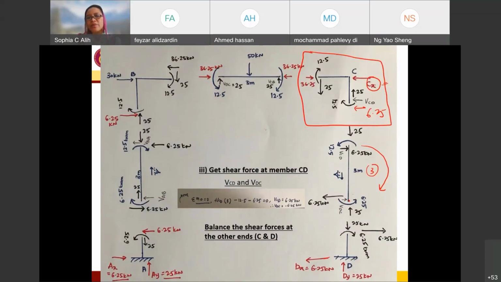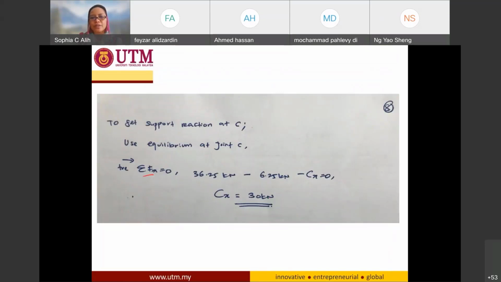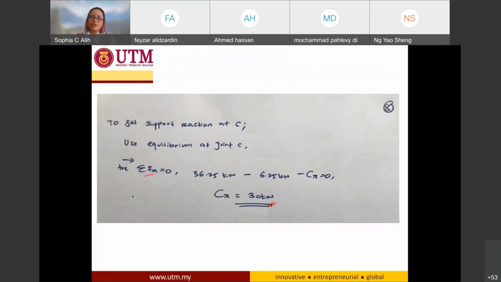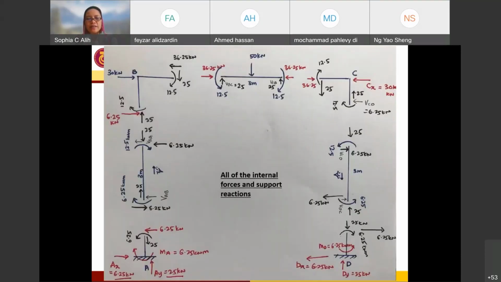So this direction, 36.25, minus this direction, 6.25, I will have my Cx in this direction to be 30 kilonewton. Now for Cx also I have already completed it, and this is all the internal and external forces that I have already calculated for my joint. All the joints and also all the support reactions have been calculated over here.